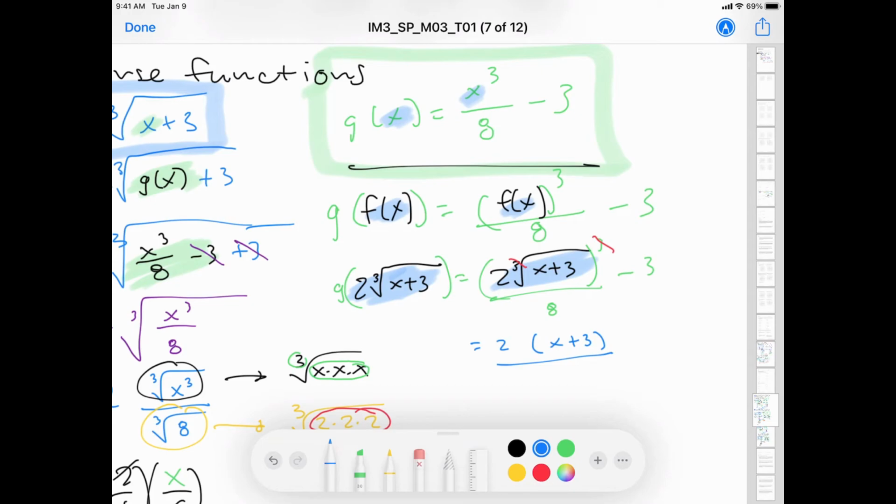I'm only saying that because they've messed up a couple of times. Gotta make sure this is right. X cubed. F goes into G. We did that. Correct. All of that over 8 minus 3. Okay, good. Okay, so we're just left with the x plus 3.